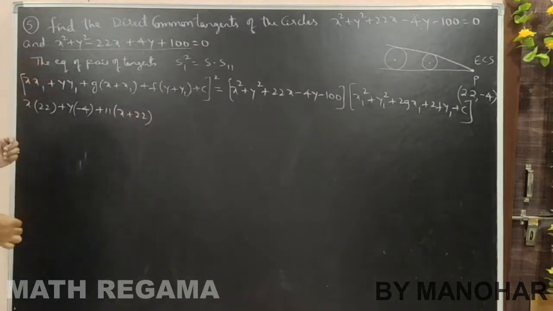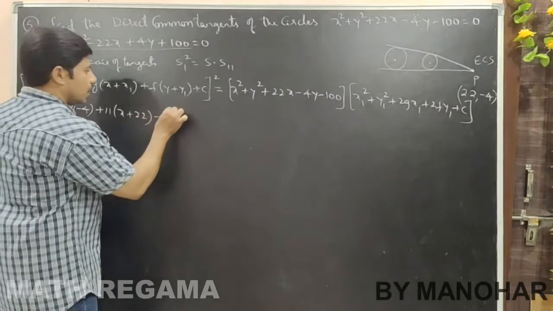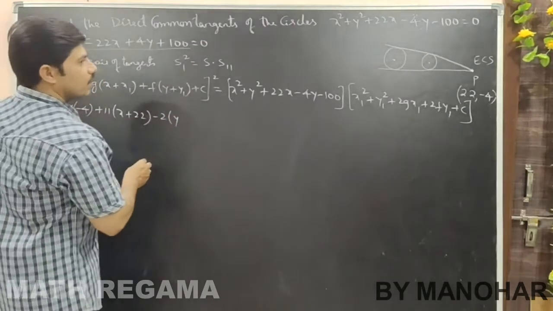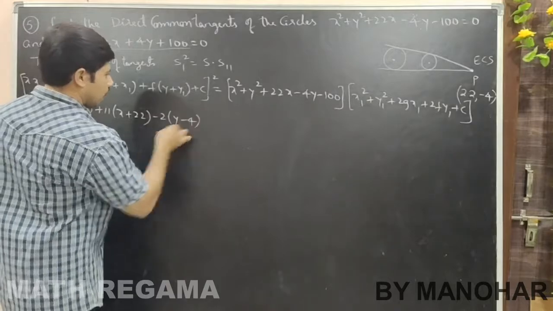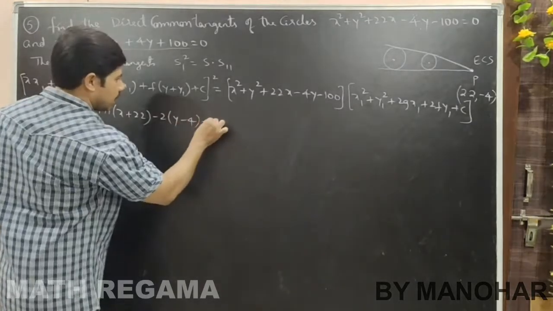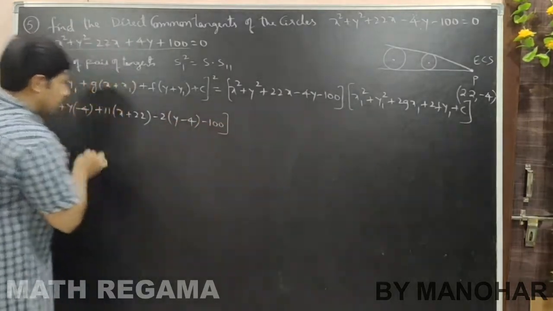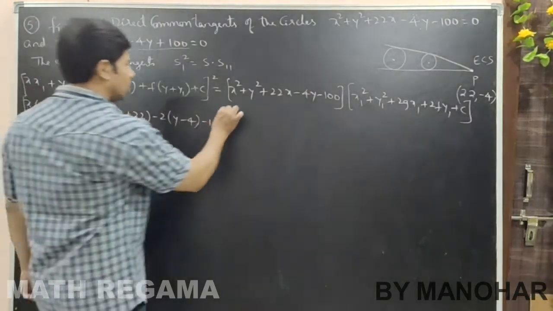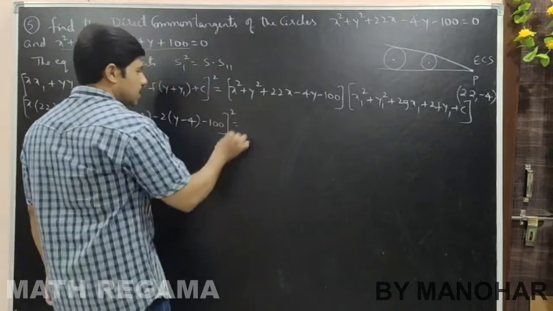And what is f value? It is minus 2 into y plus y1. So what is y1? y1 is minus 4. And what is c? It is minus 100. GFC values we are taking from the first equation. x1 y1 is 22 comma minus 4, whole square is equal to this equation as it is.